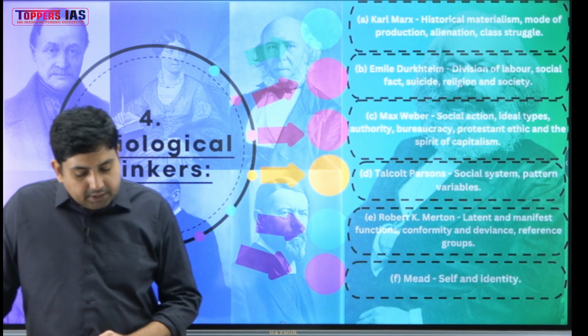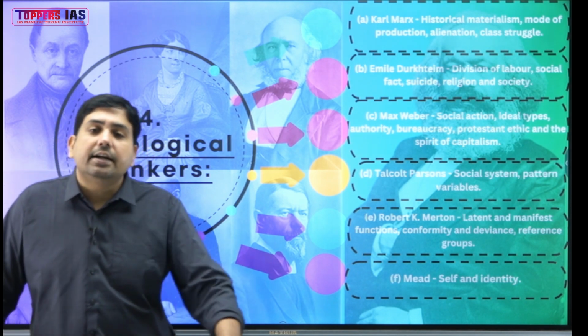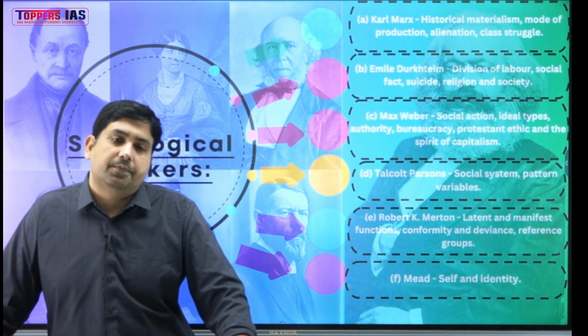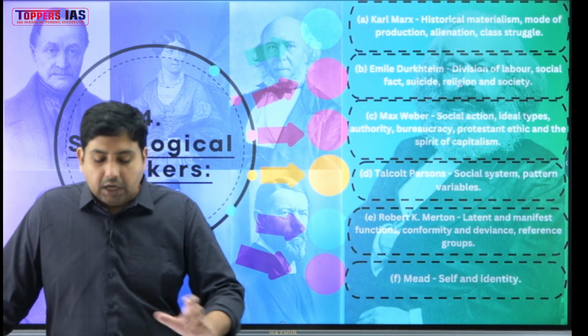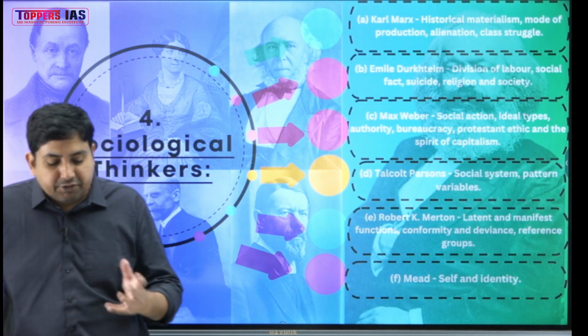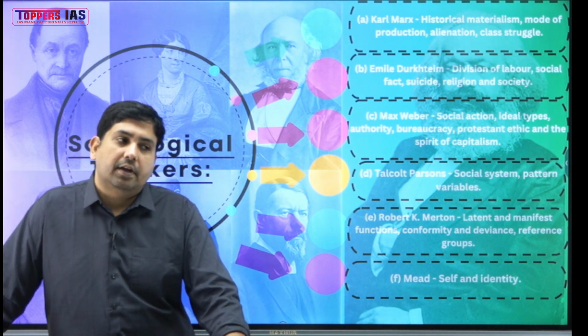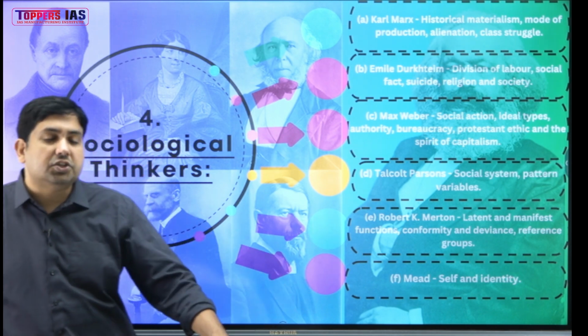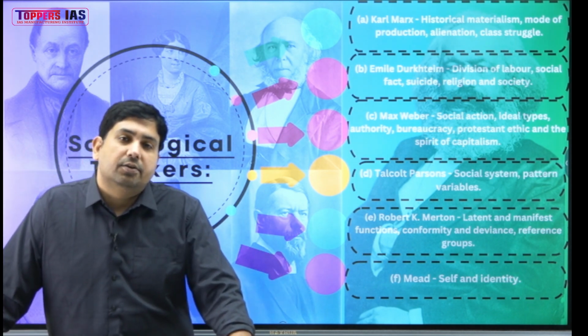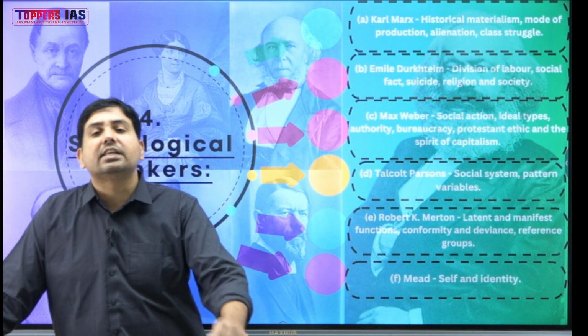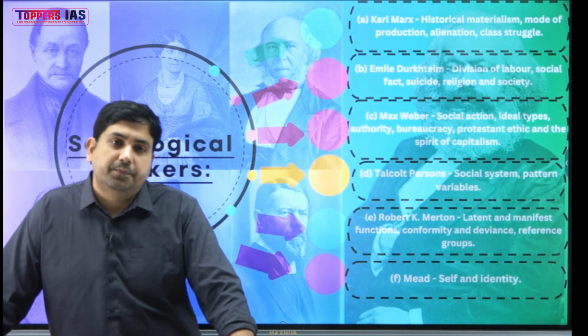Under R. K. Merton, there is what? Latent and manifest functions, conformity and deviance, reference group. And the last thinker, the sixth thinker, is G.H. Mead. So here UPSC has mentioned self and identity.